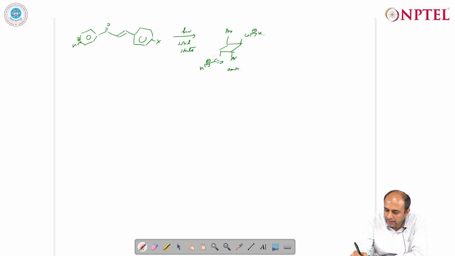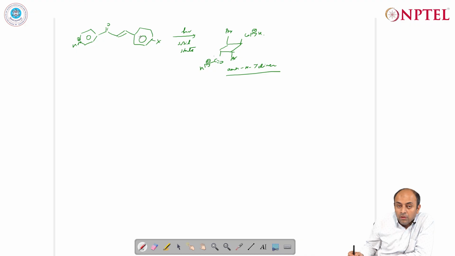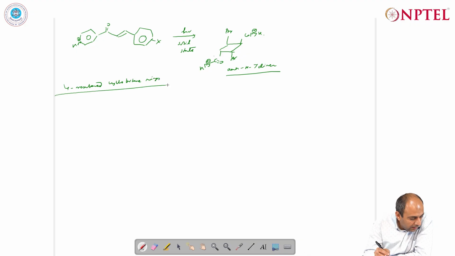Again it forms the anti head-to-tail dimer. So in this way we are able to have dimerization processes which are activated, and we have also been able to achieve the formation of 4-membered cyclobutane rings by this process in a facile one-step dimerization.